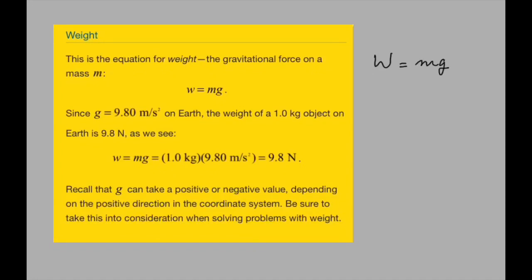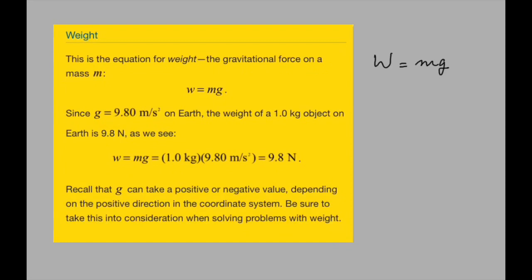Weight of an object. Now, weight of an object is just the gravitational force on the object. So many people get confused between mass and weight. They are not the same. Mass is measured in kilograms, and weight is a force, so it's measured in newtons. So for example, if you have a mass of 1 kilogram, its weight is going to be 1 times 9.8 newtons.